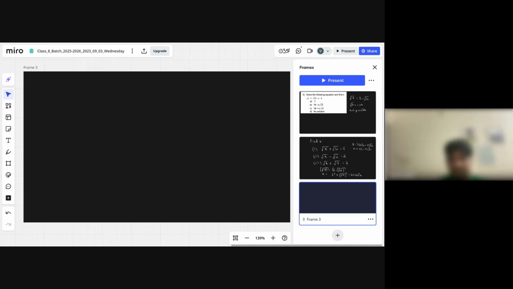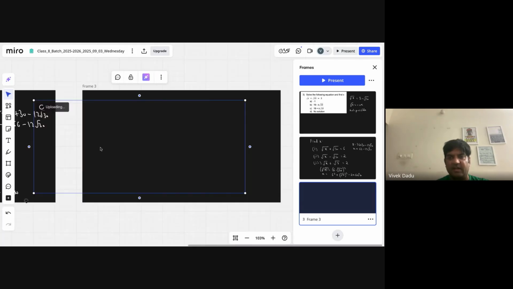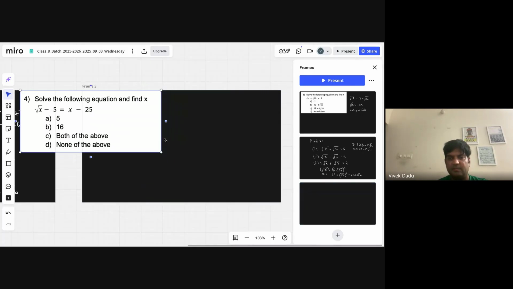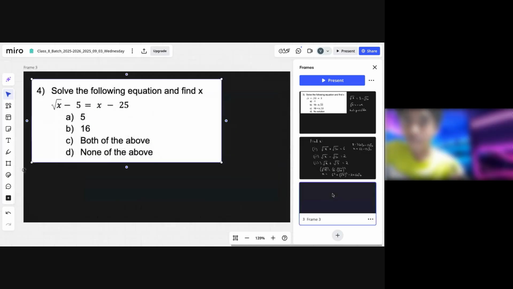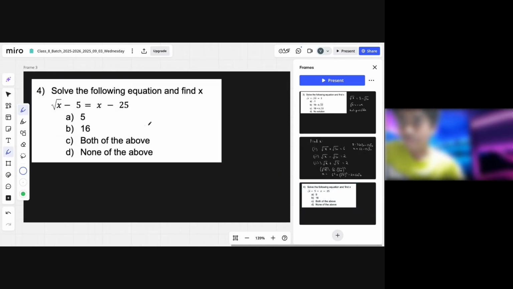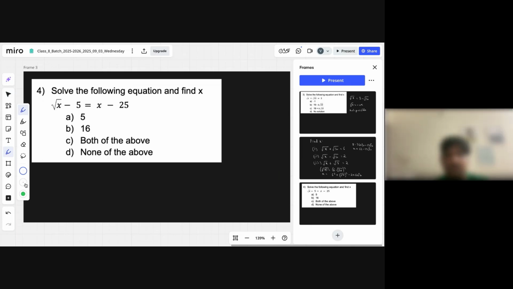Fourth one. What did you do? First of all, were you able to realize that this was an identities case? Yes, sir. The first thing should be a realization that this is root x minus 5 equal to root x whole square minus 5 square.